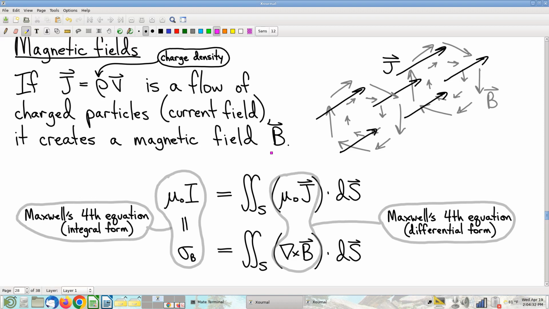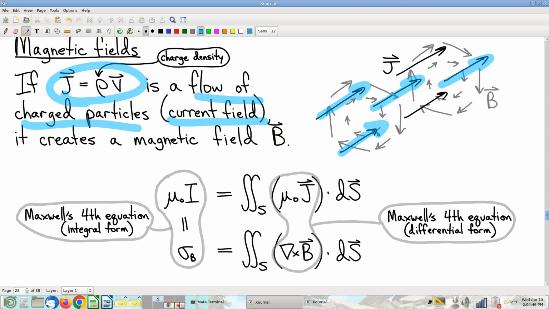And here's my statement. If you have what we call a current field, which is a flow of charged particles, very often they're confined inside of a little copper wire.